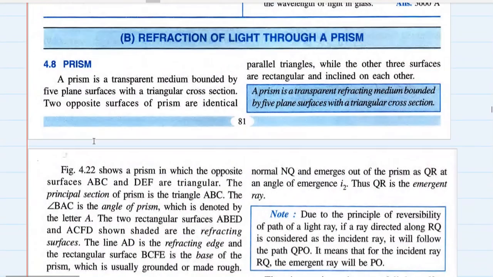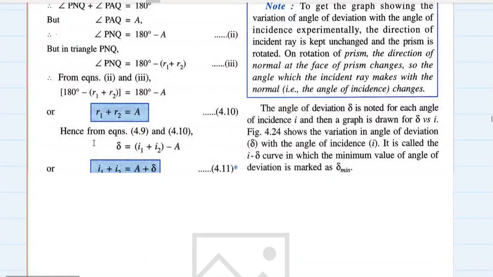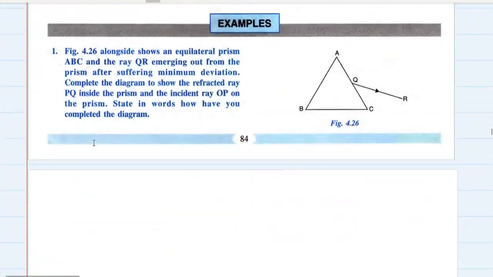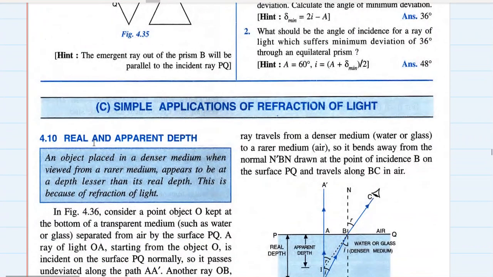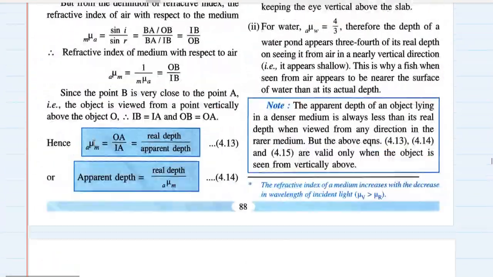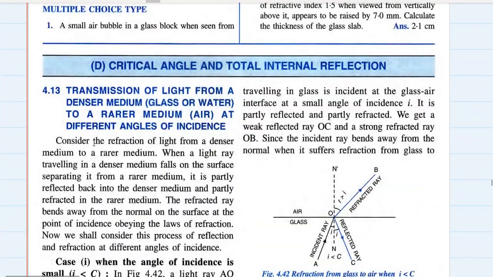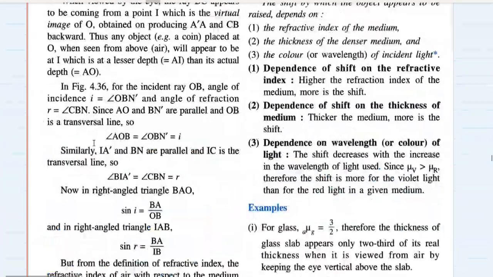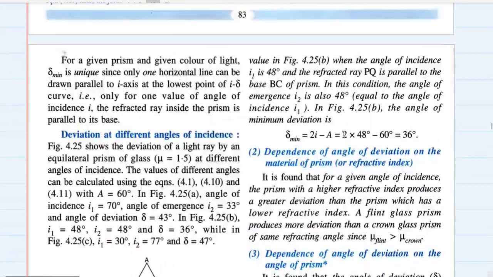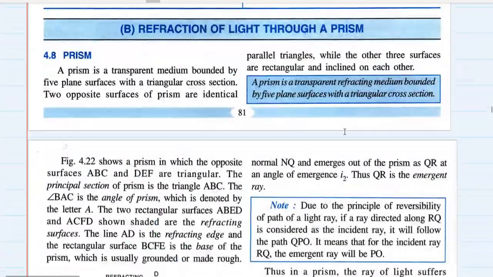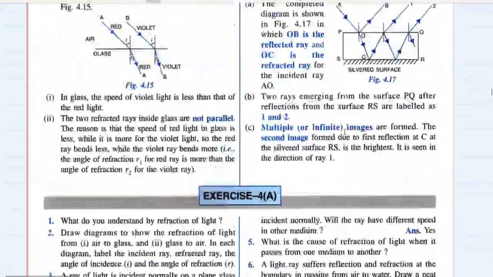Now the next part is prism, so I'm going to cover prism first, and then the next part is simple applications of refraction of light, like apparent depth and everything. So this chapter has got four parts, critical angle is also there. I will try to cover all the parts before your exam, because I have to teach everything in detail. I'm not sure how fast I will be able to cover those videos.